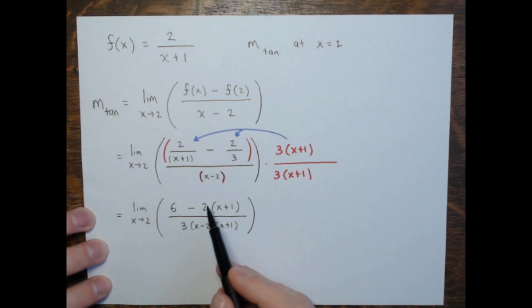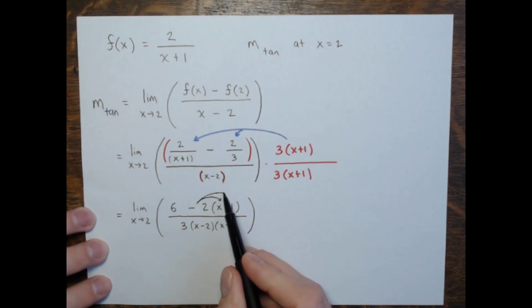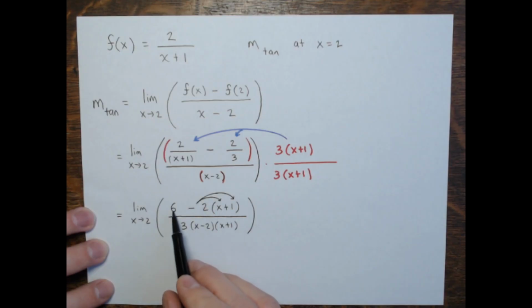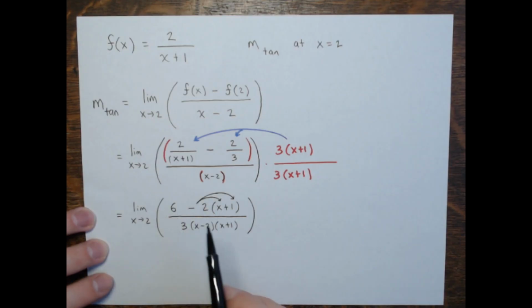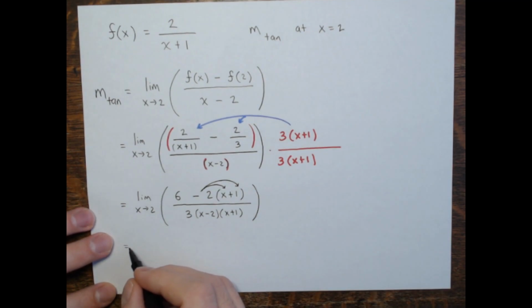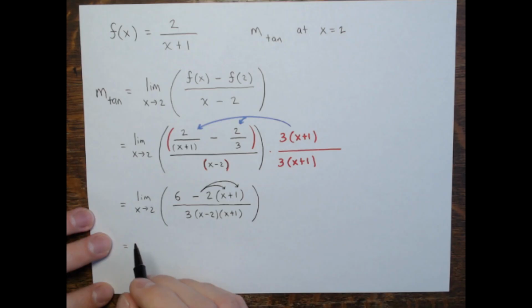All right, then if I completely simplify the numerator, I'd have to distribute this negative 2. So that'd be negative 2x minus 2, but then plus 6. Let's just go through it.